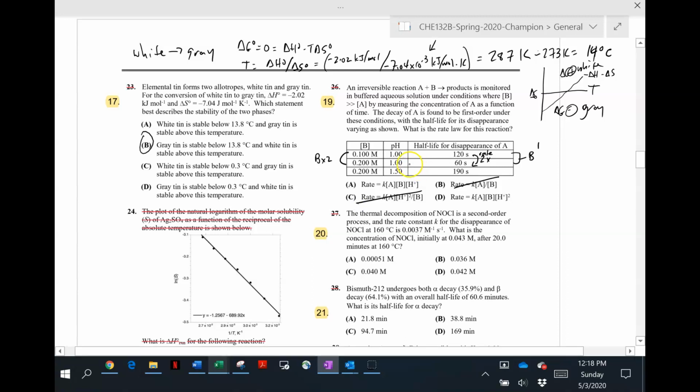We took a change in the hydrogen ion concentration going from 1.5 to 1.0, and we have to kind of back that out and see what the hydrogen ion concentration is. So let's do that. Remember, our hydrogen ion concentration is going to be 10 to the negative pH.